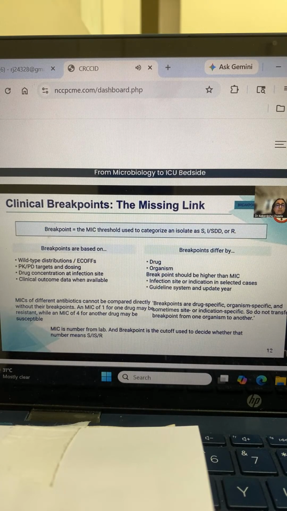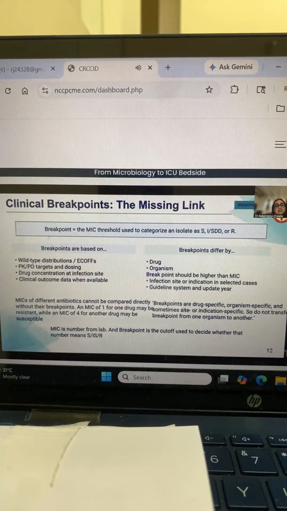Now, what is this breakpoint? Breakpoint is the MIC threshold used to categorize an isolate as S, I or SDD, or R, right? Now, if your MIC is lesser than the breakpoint, this means that that particular antibiotic is sensitive.